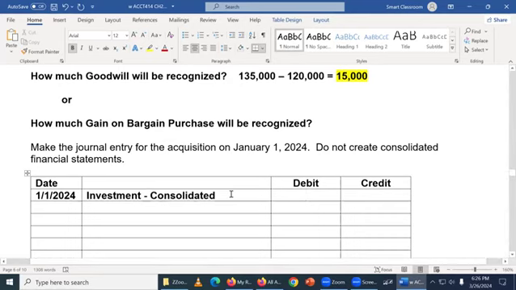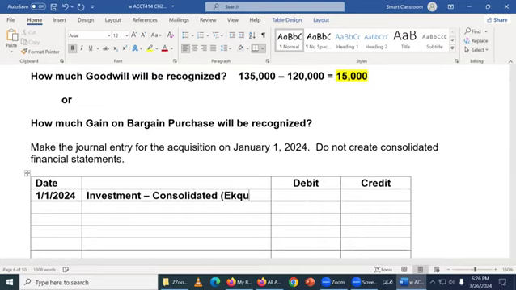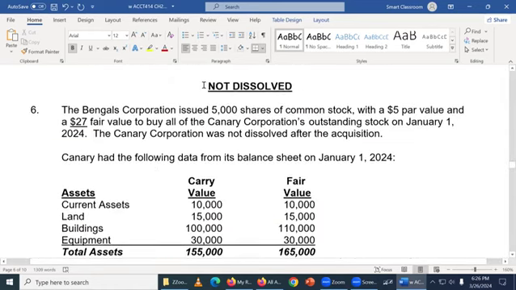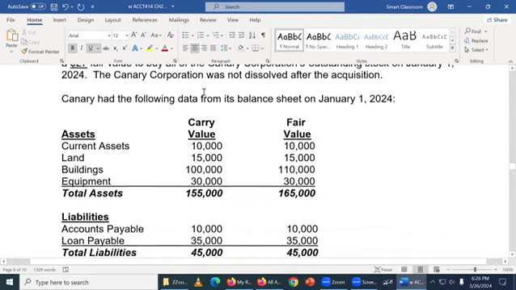So the consolidated is often just the equity method. They're going to use the equity method on this. We're taking that entire company and putting it on the books as if it's an investment. We're not dissolving it. It's separate from our company.